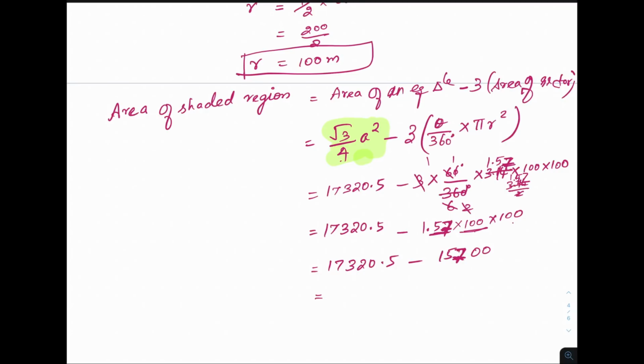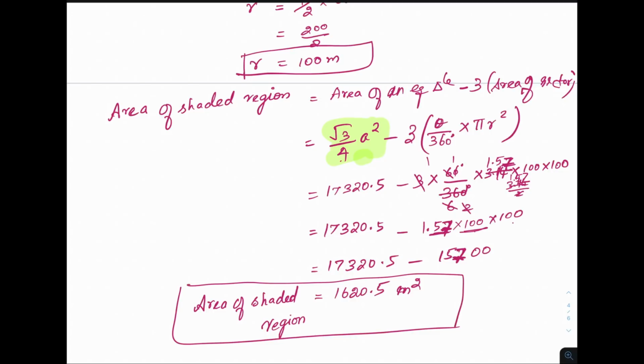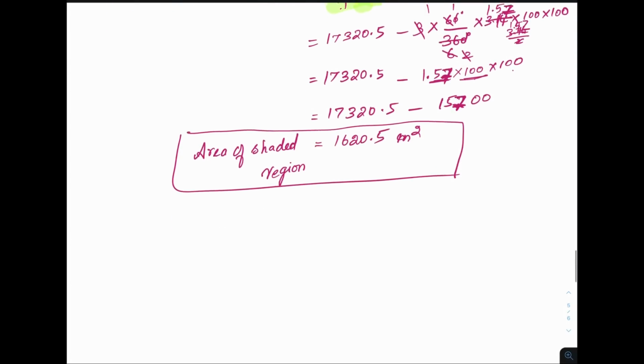So when we subtract, we'll get 1,620.5. So this is the area of the shaded region, meter square. So this is the value of the shaded region.